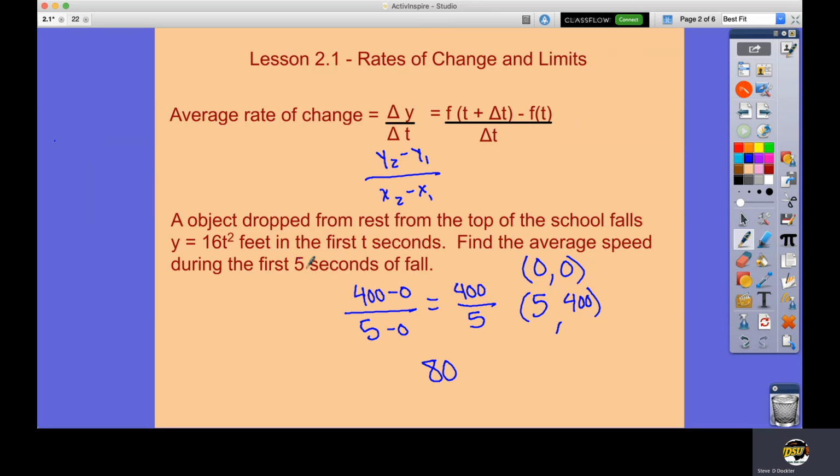Use what we know. This up here was talking about feet. The bottom is talking about seconds, so we would have 80 feet per second. So average speed, you have to figure out your 2 points. You always start with whatever your starting is and whatever your ending is. And then use your slope formula to figure it out from there.